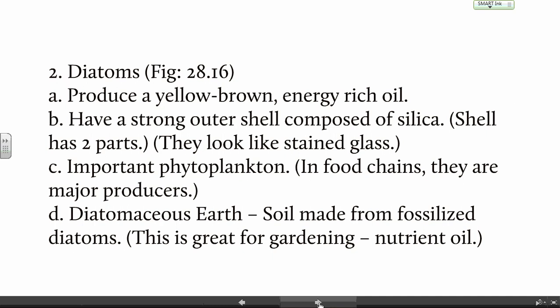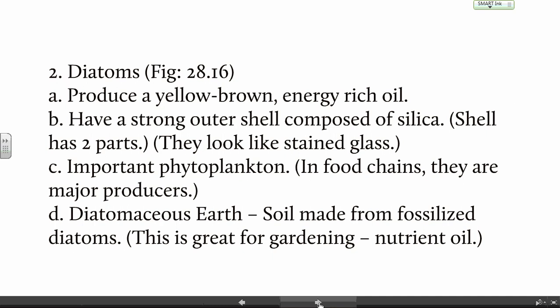One thing really cool about them is they make this shell out of a material called silica. Essentially, what's silica? It's essentially glass. You ever noticed in sand the little glass-like particles in the sand? Yeah, this is it, the shells of these things. I'll show you a picture of what they look like in a second.